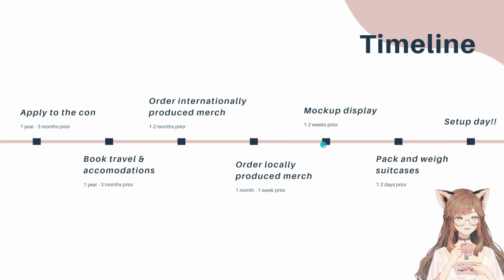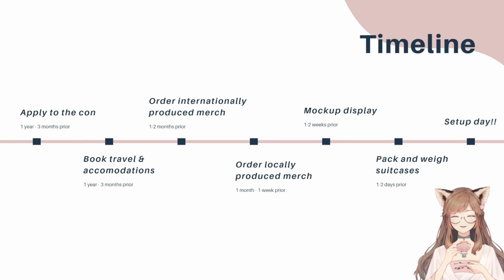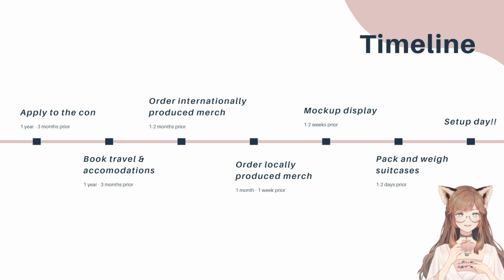1 to 2 weeks before the con, I will mock up my display, whether it's in real life or just on paper. I will plan out how I will display everything, such as where I will stick the prints, where I should put the pins, etc. This is to make sure that I have all the display items like cork boards or pins that I need, and if I don't, I can order them from Amazon or something.